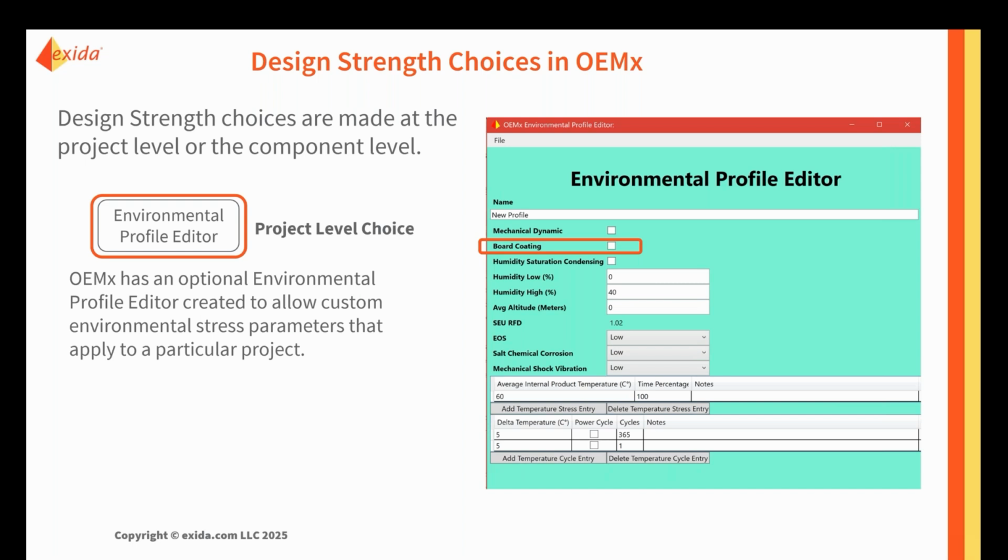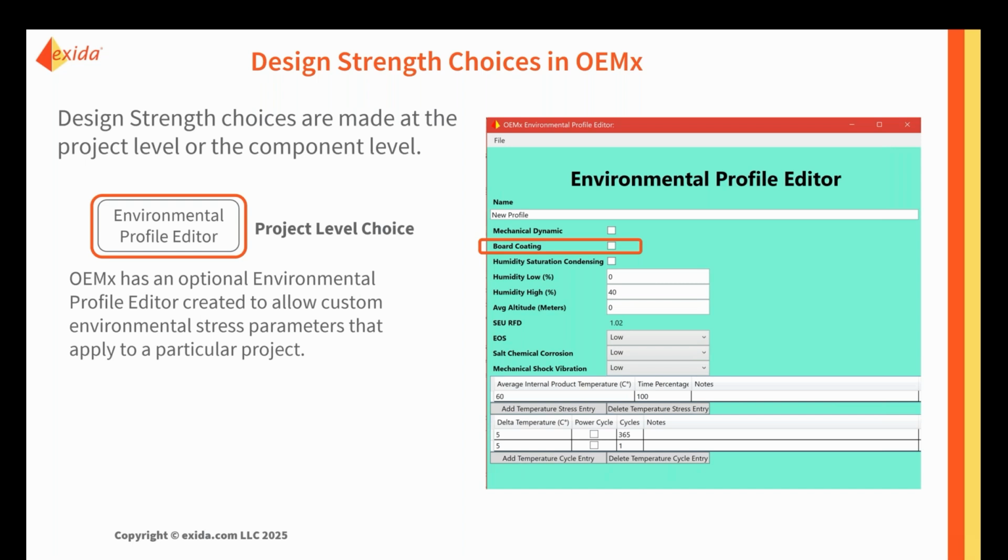Design choices can be made at the project level, but mostly are made at the component level where the derating is done. In the OEMX tool, there is an environmental profile editor, which was created to specify customized environmental stress parameters, but it's a project level choice.